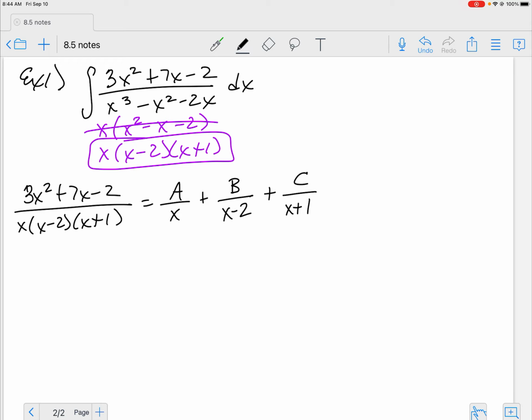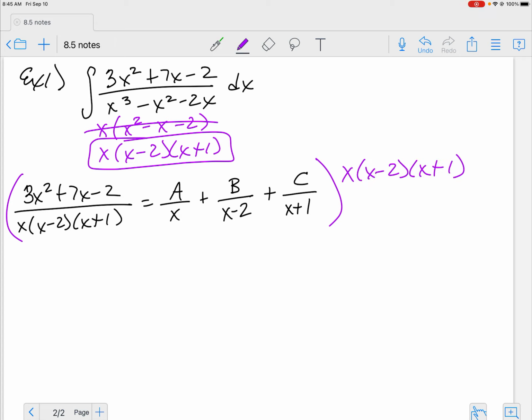So I'm taking those fractions and I'm splitting up. That's that decomposition part. I'm splitting up those linear factors. Then step 3 is clear the fractions. I'm going to multiply through with my common denominator.